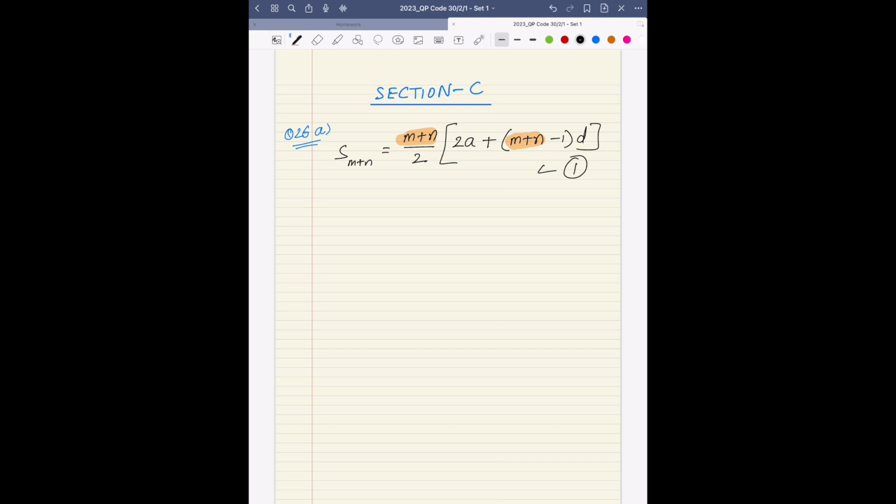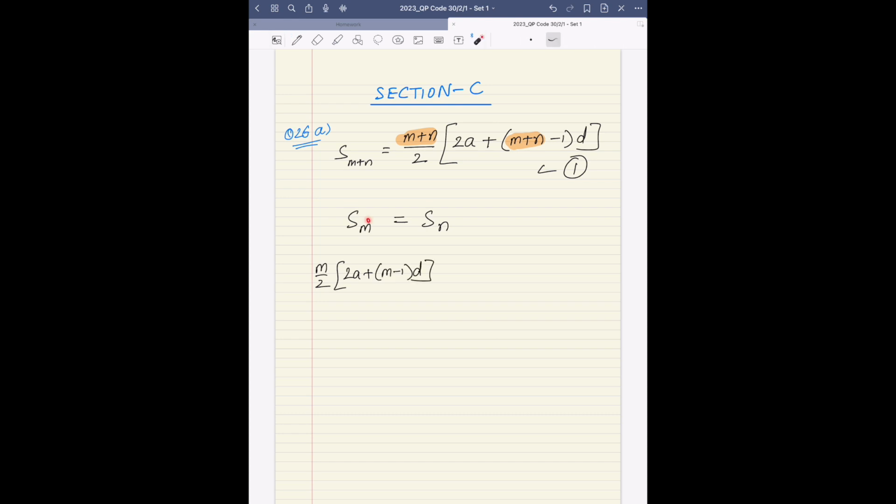Let's go to the condition. The condition says that the sum of first m terms of an AP is equal to the sum of first n terms. Let's substitute the formula and see, without much thinking, how we get it. Here we'll have m by 2 bracket 2a plus m minus 1 times d.